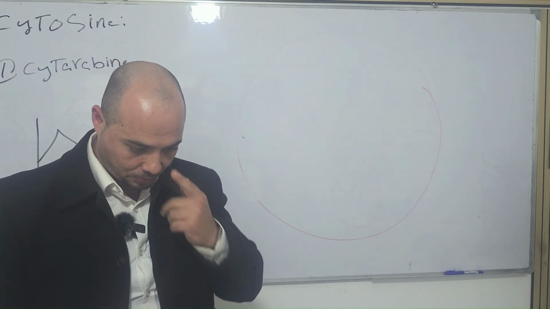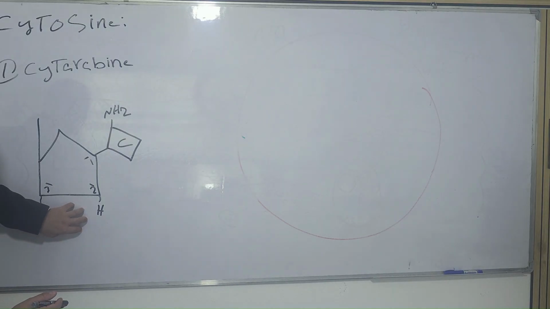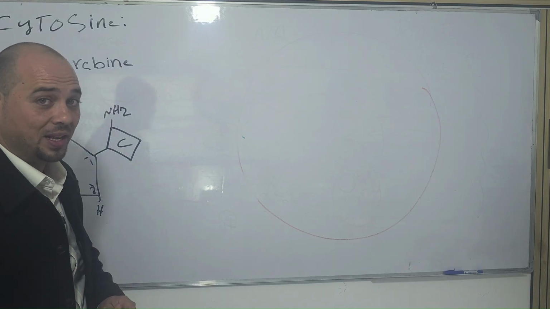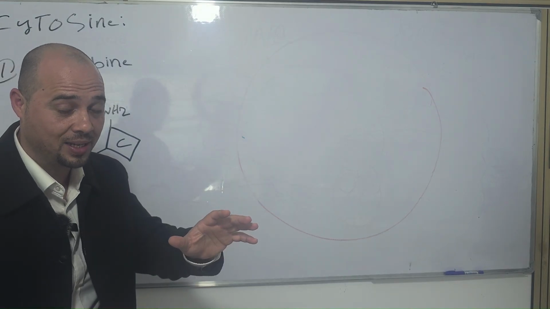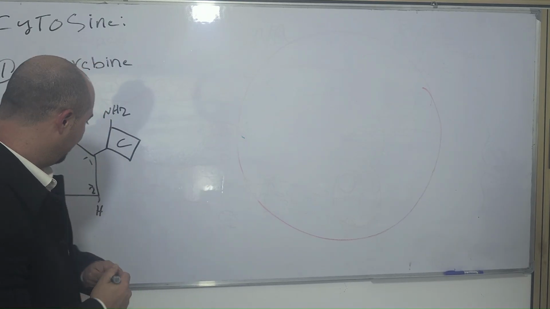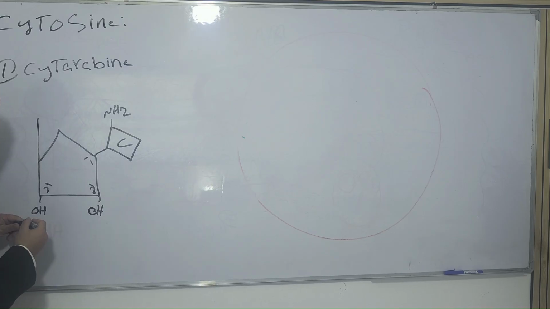Basically, listen, cytarabine looks like azacitidine. However, the sugar that is used is an arabinose sugar. It's a pentose sugar, remember 5 carbons, but the structure of it is kind of different, right? For instance, first of all, it has a hydroxyl group on 2'.